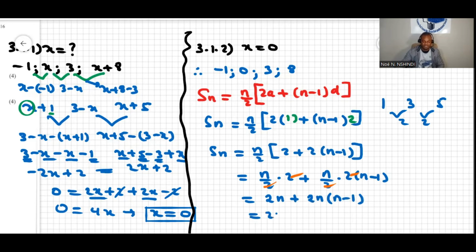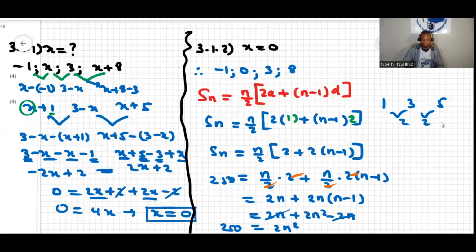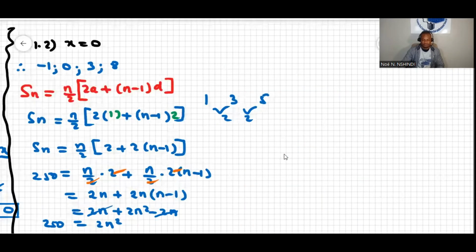This makes n plus n squared minus n. The n and n fall away, and we're left with n squared. Now the sum here is 250, as the question says.